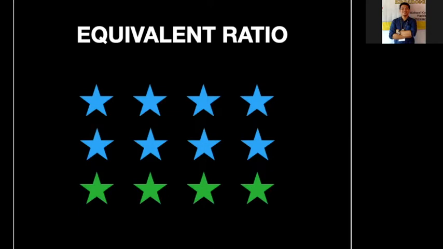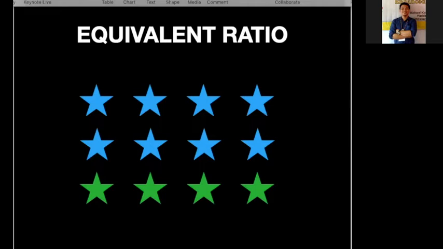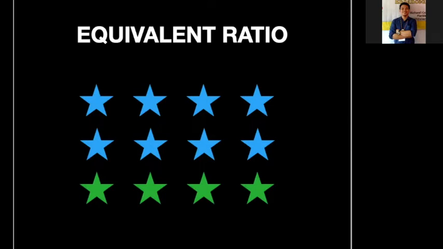In this example, we can represent this in ratio as the number of colors for green and the number of colors for the blue. So we can say that for every 4 stars, there are 8 blue stars. So we count that as 1.